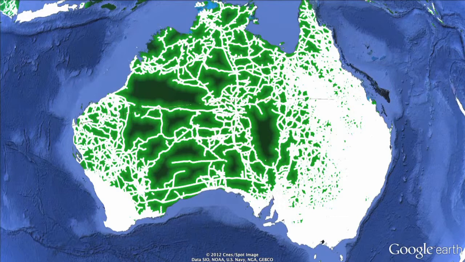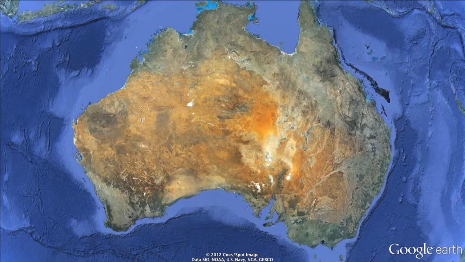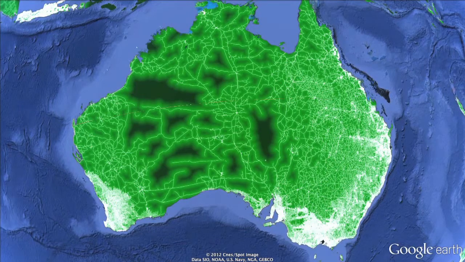You can see the outback now in a very striking manner. The darkest green are the areas furthest from the nearest road, but all green areas are at least 10 kilometers from the nearest road. You could have different criteria, and for example, what if you took 1 kilometer from the nearest road as your definition of a roadless area, and you can see then a greatly expanded set of roadless areas.